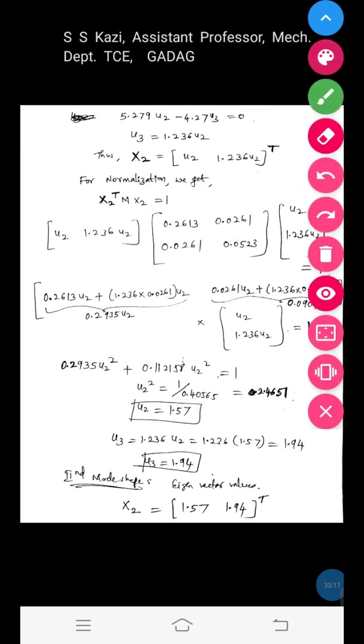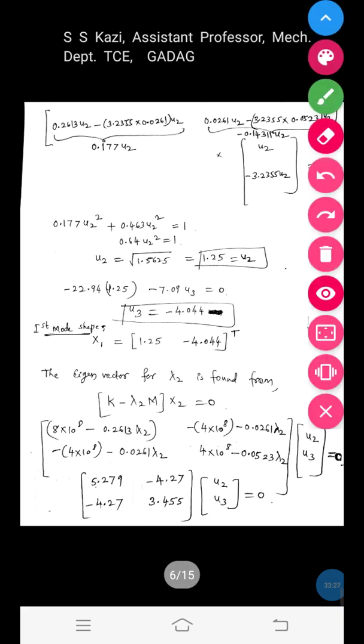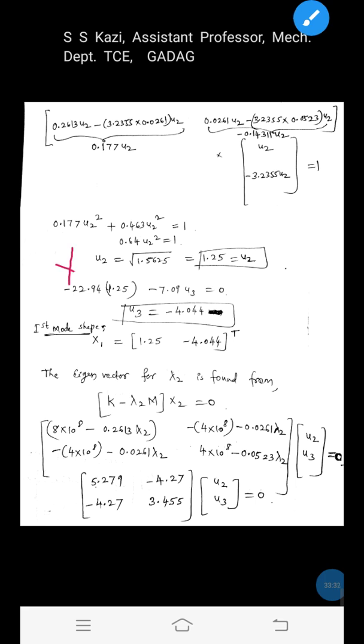Now we can draw the two mode shapes of vibration for the stepped bar shown. How do you draw? First I will write the equation. The first mode shape eigenvector values we got: x1 is equal to 0, 1.25, minus 4.044, the u1, u2, u3 values.